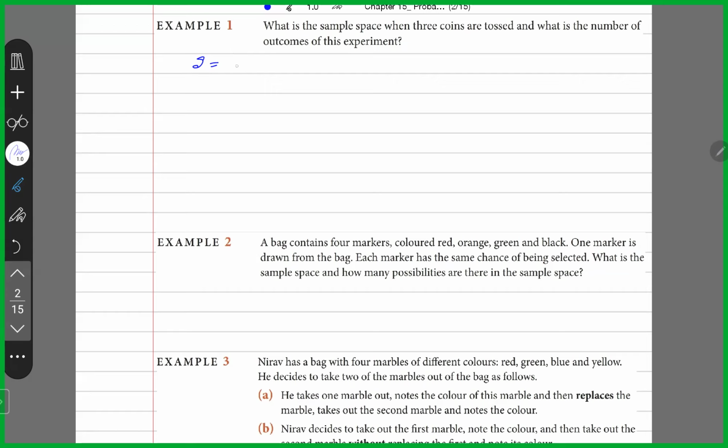So if 3 coins are tossed, I could get what? Head, head, head. I could get head, head, tail. I could get head, tail, head. I could get head, tail, tail. I could get tail, head, head.